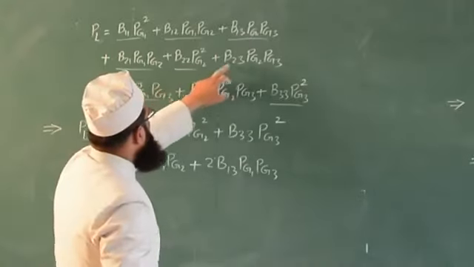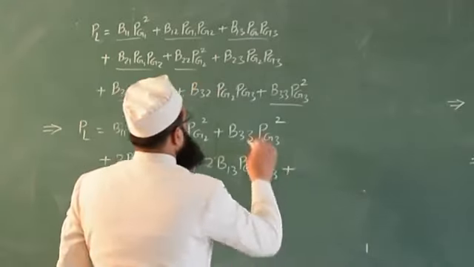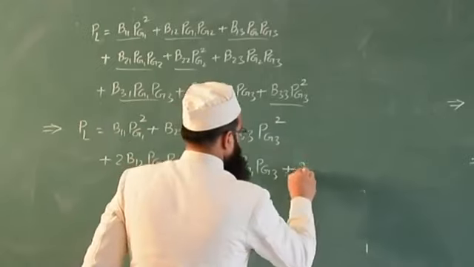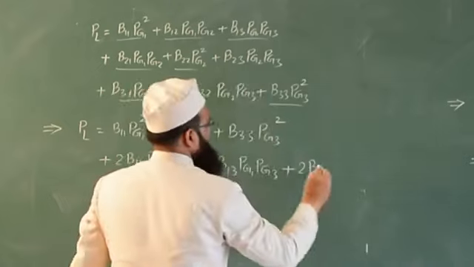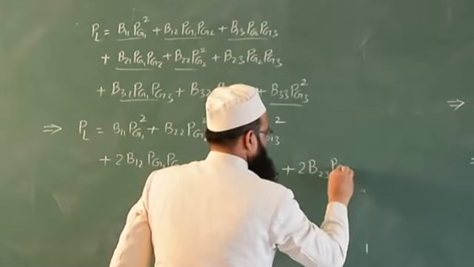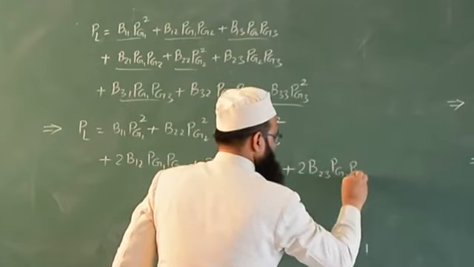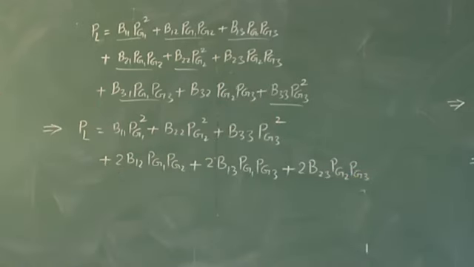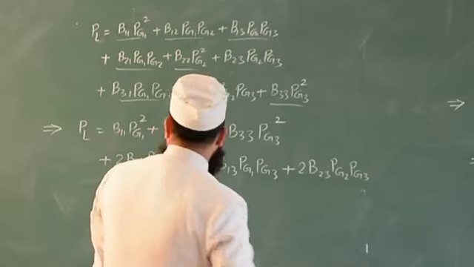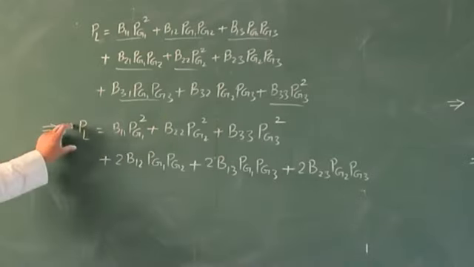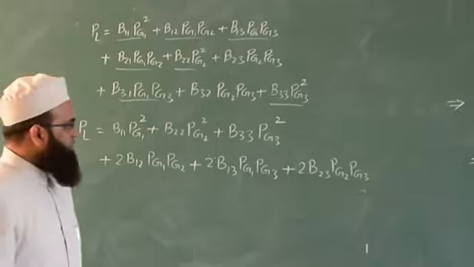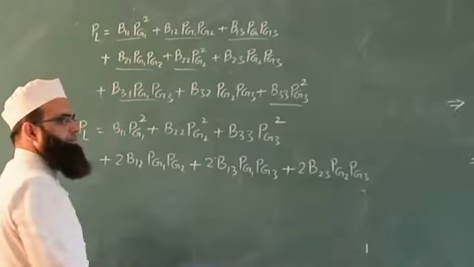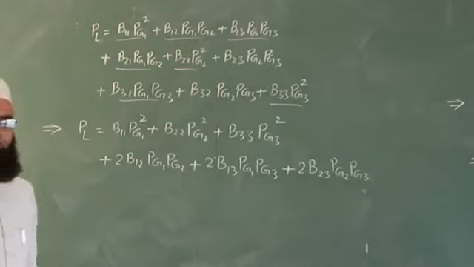Next, B23 is the same as B32, so twice B23 PG2 PG3. This way we can express the total transmission loss using B coefficients for any number of plants. Presently we have considered a 3 plant system, but that can be extended to any number of plants.